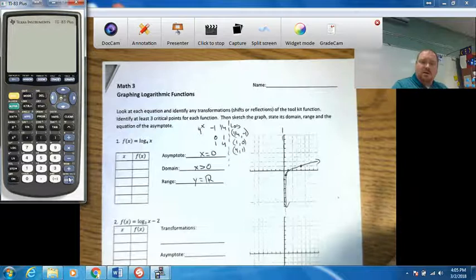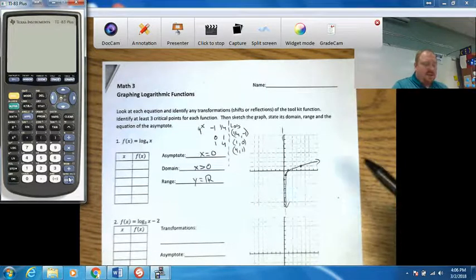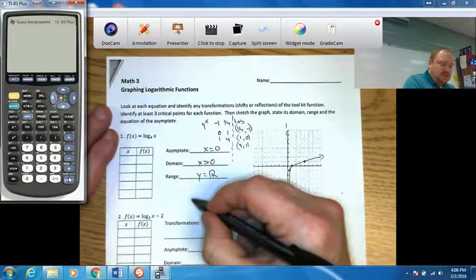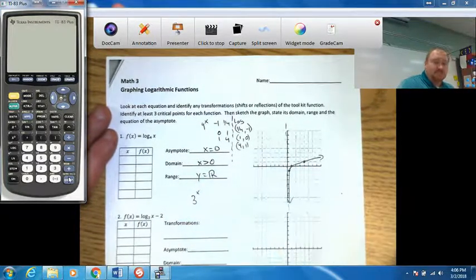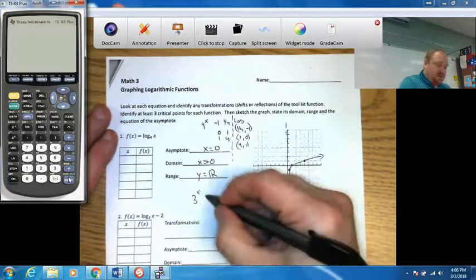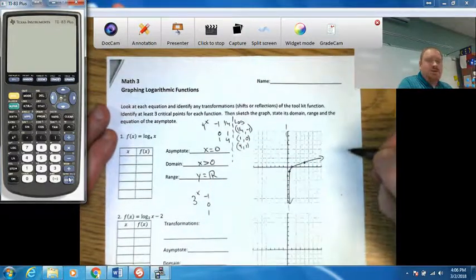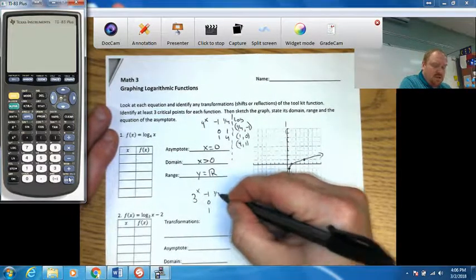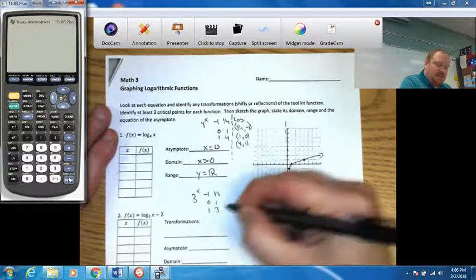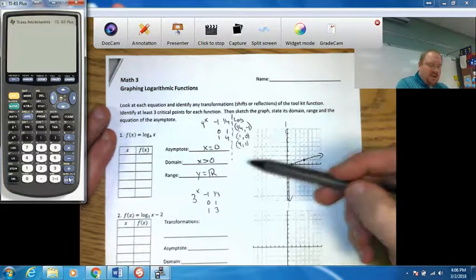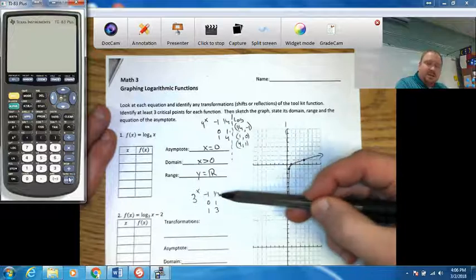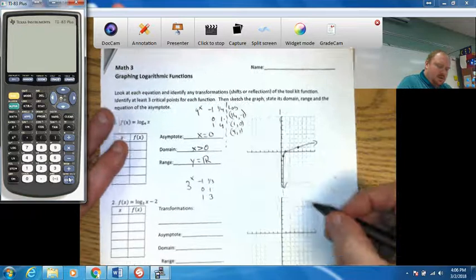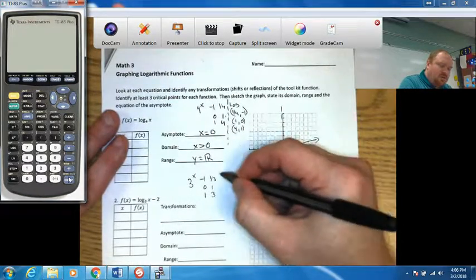But when you look at number 2, you'll notice that instead of being log base 4, this is log base 3. And with log base 3, I have to change my starting points. Now, -1, 0, and 1 will always be the same. But what they do is something completely different. Instead of being at 1/4, 1, and 4, it's at 1/3, 1, and 3. So it's a little different. So I'm going to plot those points right after I convert them to a log.